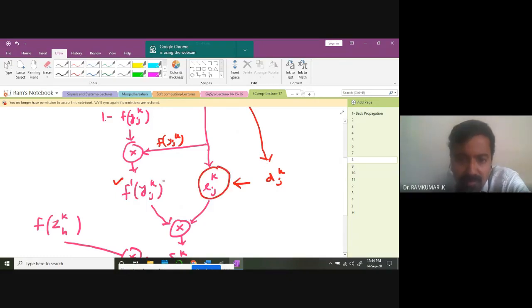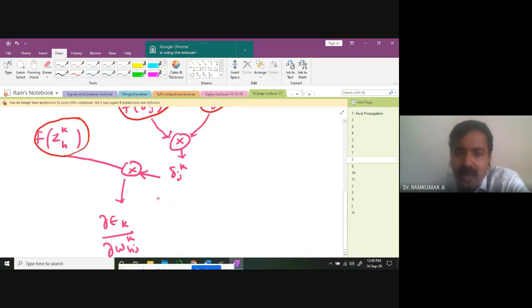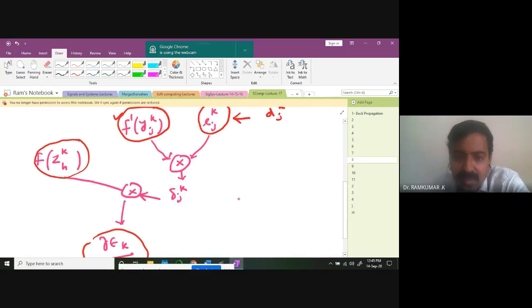The error is there, the first derivative is there, and this is from the previous slide, f of zhk. If I take all these three together, I have the function dou ek by dou whj. This is the gradient related to the hidden and the output layer.